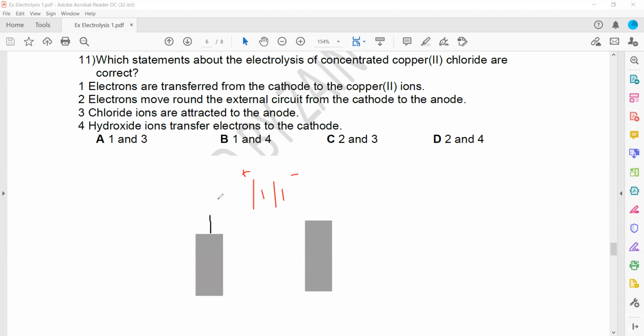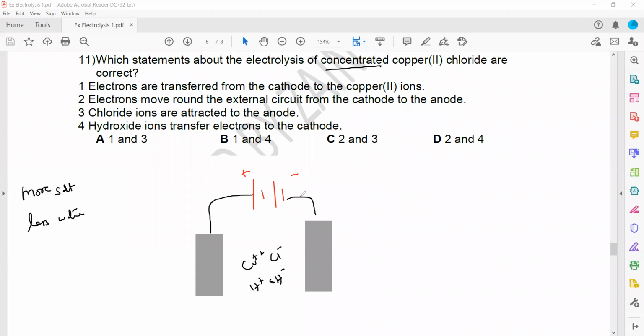It's a copper(II) chloride solution. So copper ion is there, chloride ion, hydrogen ion, and hydroxide ion. And it is concentrated, so more salt, and it will have less water.